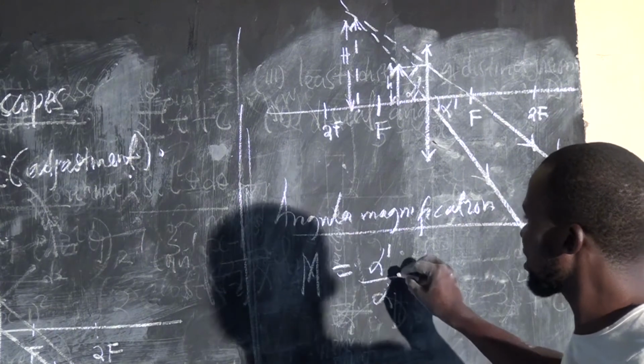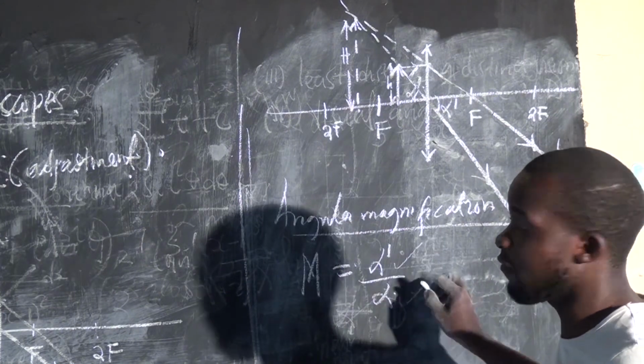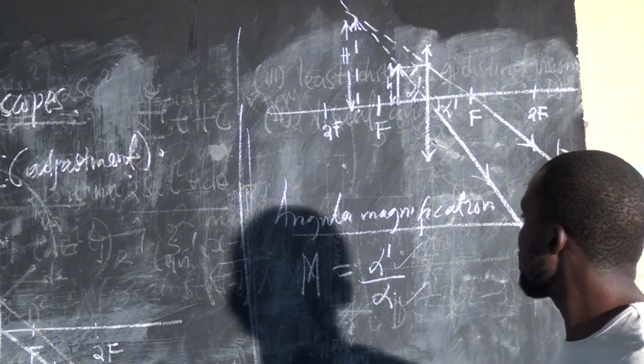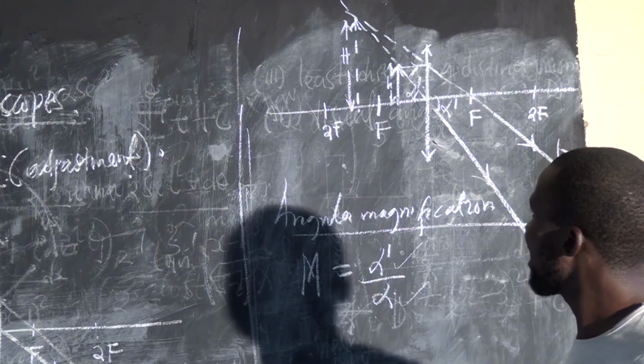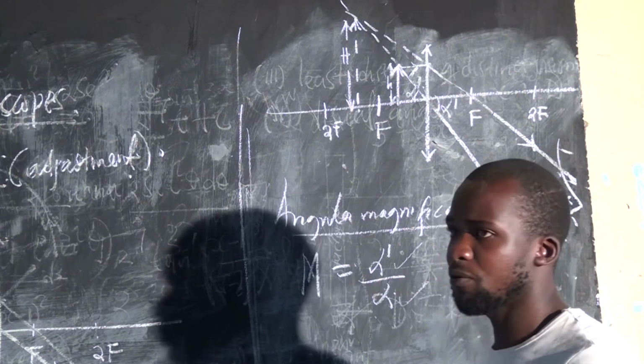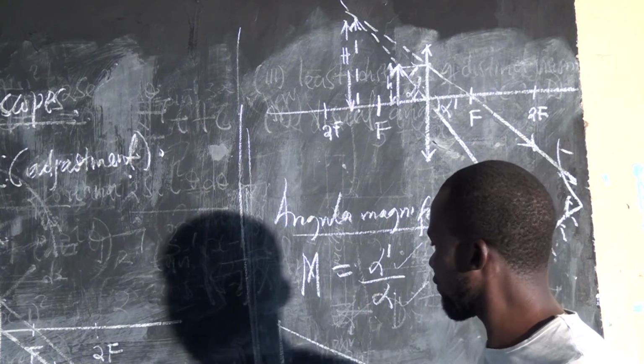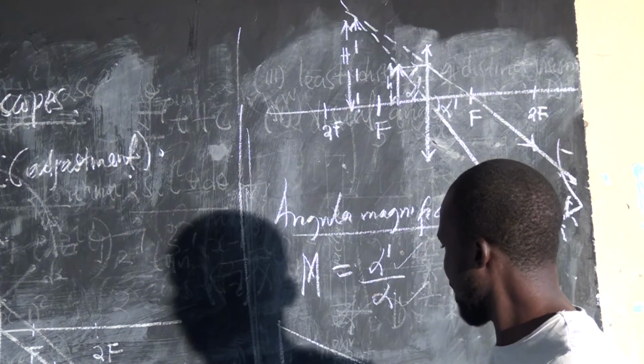It would mean that your task is to find alpha prime and then alpha, and then substitute. You have got the derivation.